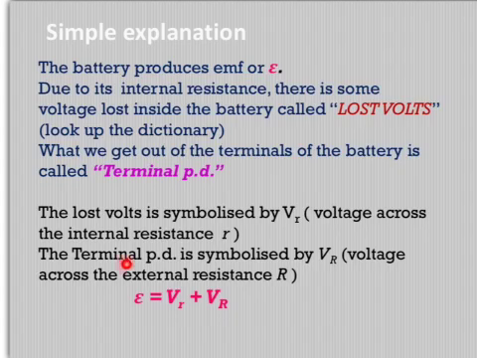And the terminal PD, or terminal voltage, is symbolized by V_R, representing the voltage across the external resistance, big R. Here's the equation: EMF is equal to the lost volts, or the voltage across the internal resistance, plus the terminal voltage, or the voltage across the external resistor.